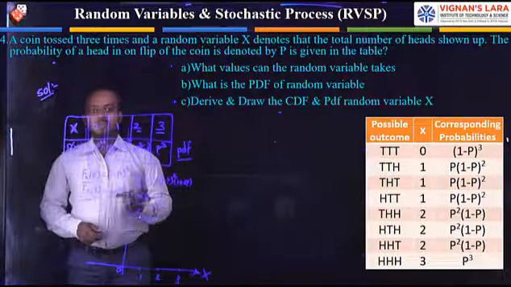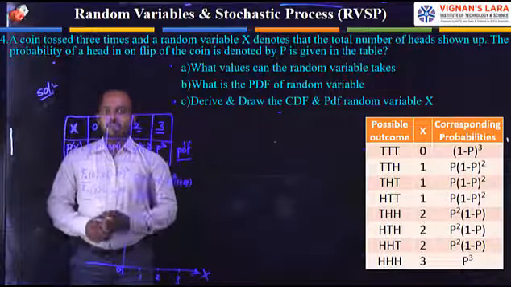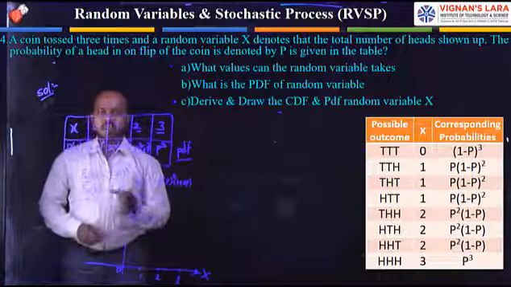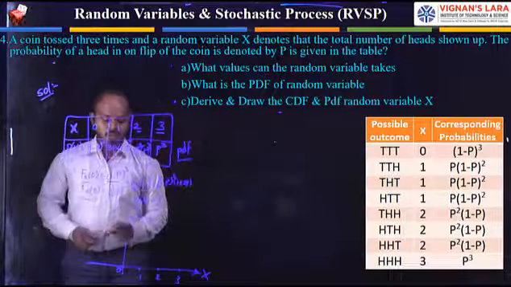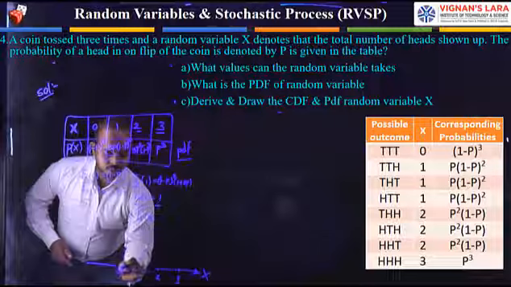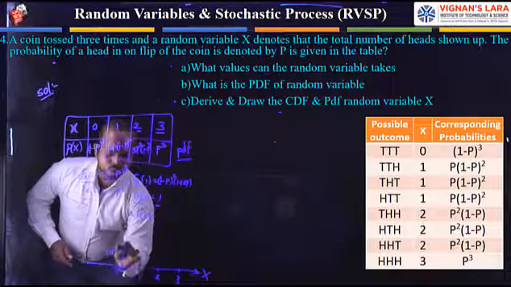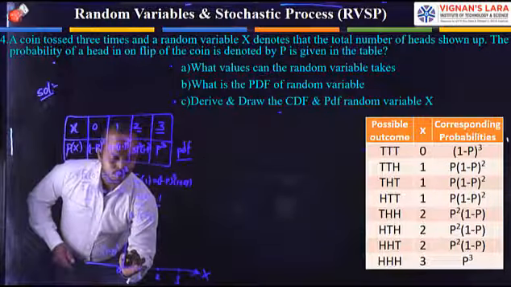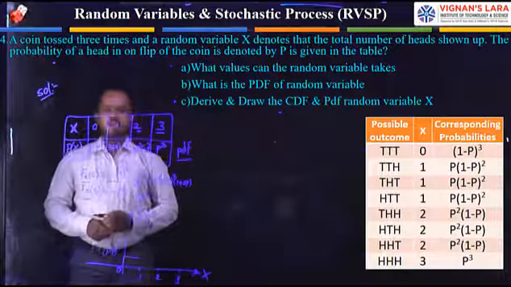Now we can represent the corresponding probability available at 0. At 0, the distribution function quantity is 1 minus p cube. Here the stair step quantity value is 1 minus p whole cube. This step I am extending up to 1.